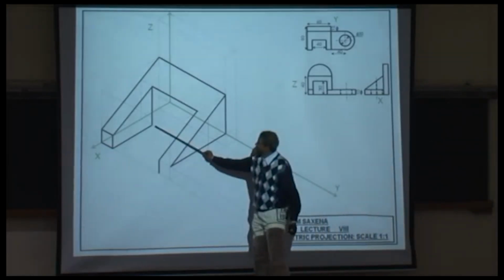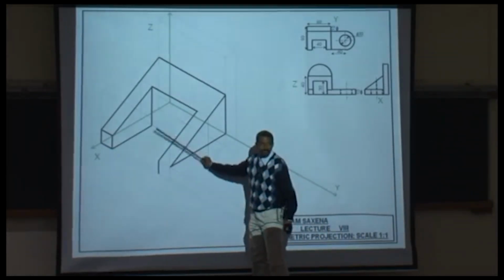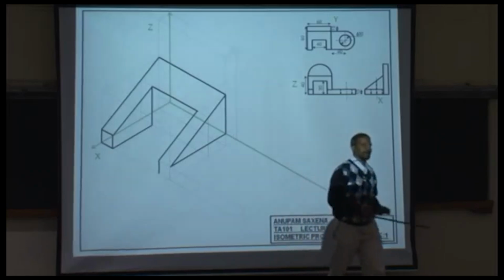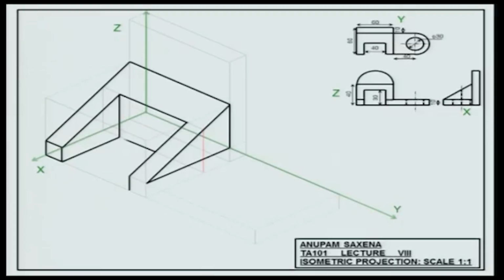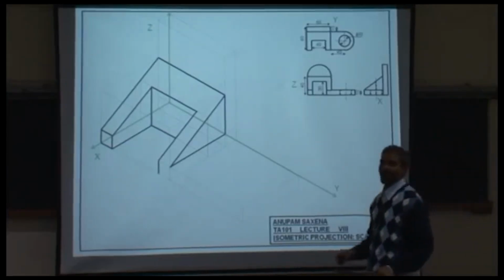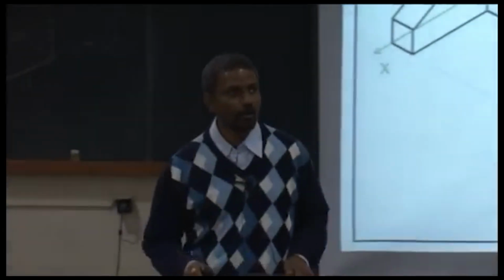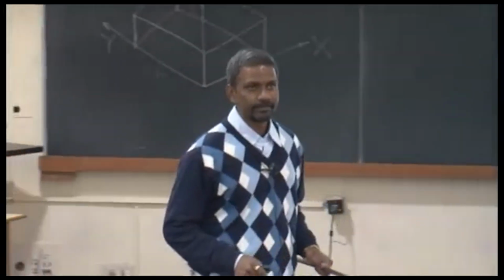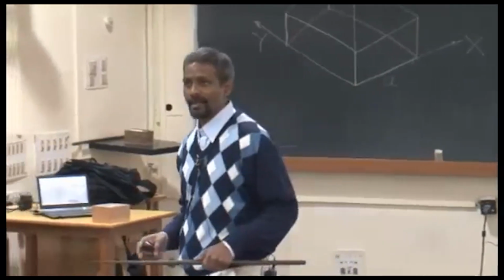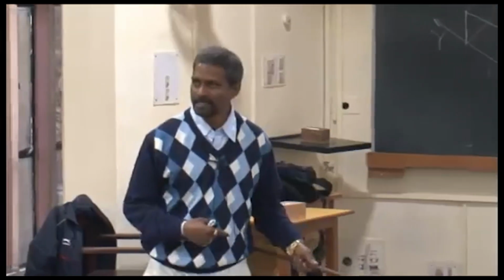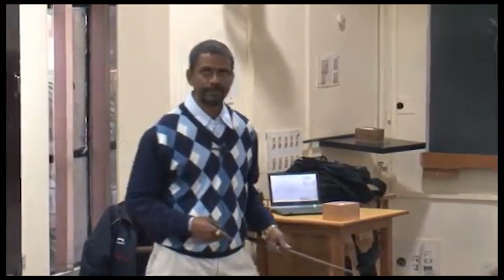How about the line here? I'll see a partial line corresponding to that, not a complete line. So do appreciate how judiciously I'm drawing my solid lines without spoiling my sheet. That can happen only if I'm prepared. If I'm not prepared, I'll start making mistakes.